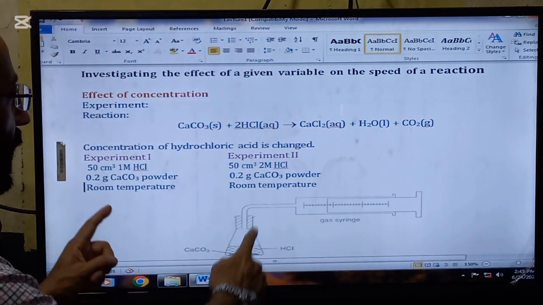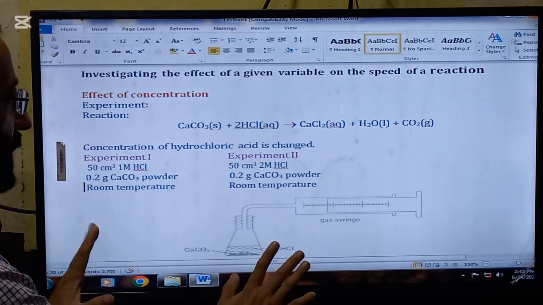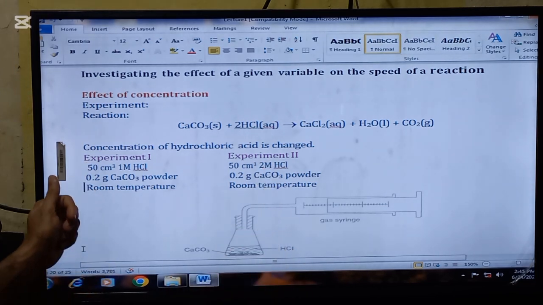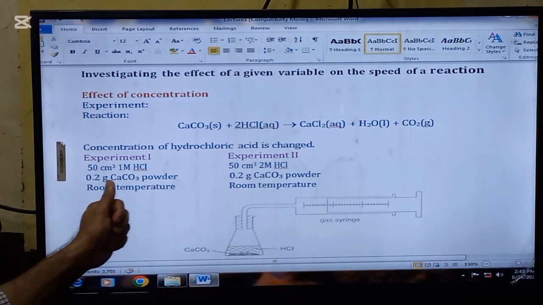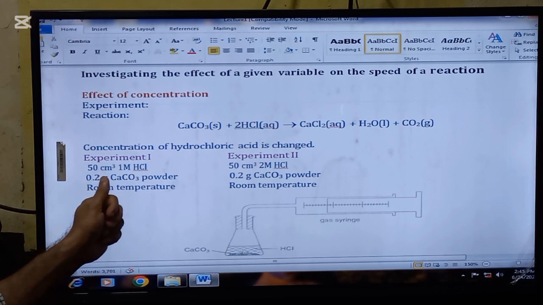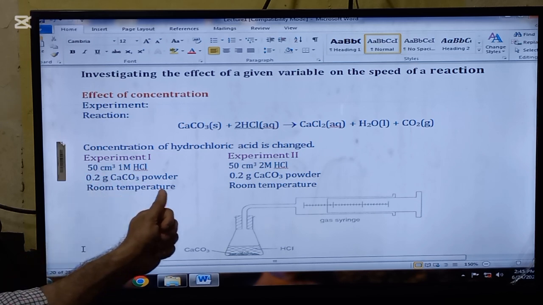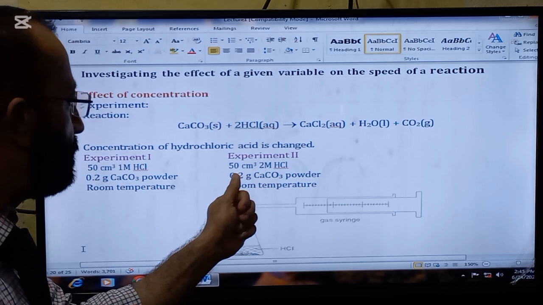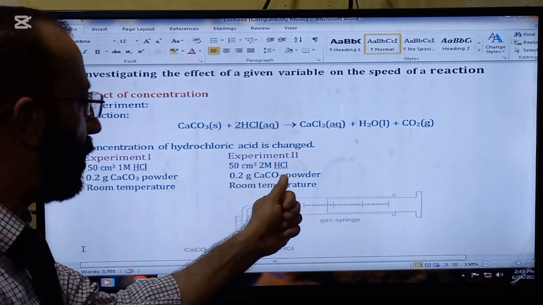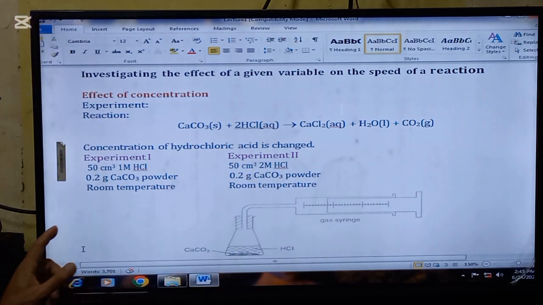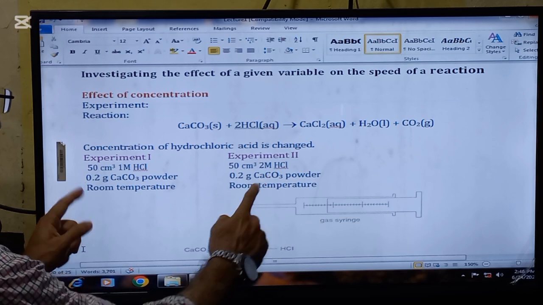So look now, we are going to conduct the same experiment 2 times. In the first experiment, the concentration of the HCl is 50 cm³ of 1 molar HCl, and in the second experiment it is 50 cm³ of 2 molar HCl. So look, only concentration is changed.